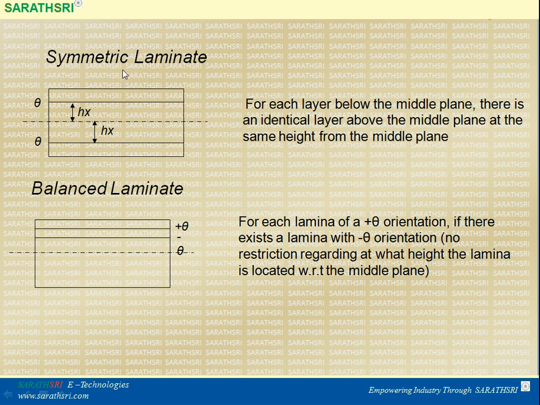If we place a layup at a particular angle at a particular distance, it need not be at the opposite angle or at the same distance on the other side. It can be anywhere outside the mid layer, and that forms a balanced laminate.